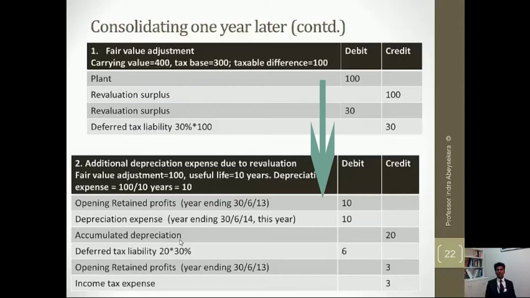So the depreciation expense over 10 years is 10 a year. We record debit depreciation expense 10, and the previous year's depreciation expense we record under opening retained profits 10, and we credit accumulated depreciation 20.